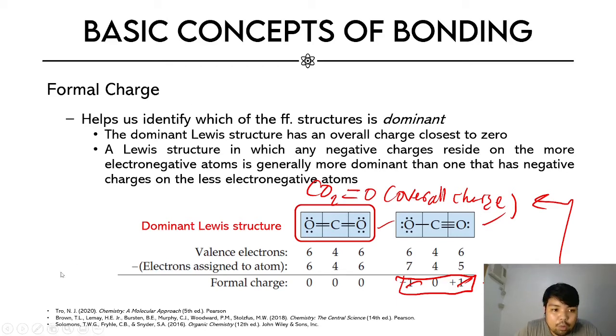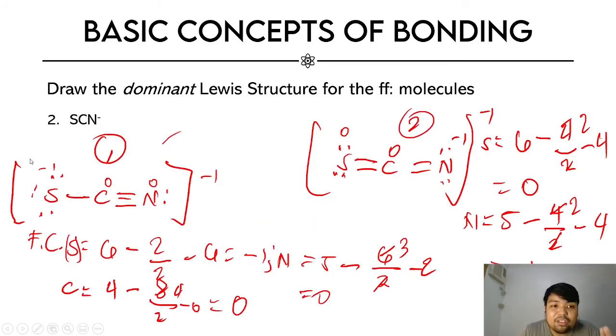So in order to determine which of the structures is more dominant, we need to know which atom between sulfur and nitrogen is more electronegative. So we go back now to our trusty periodic table.